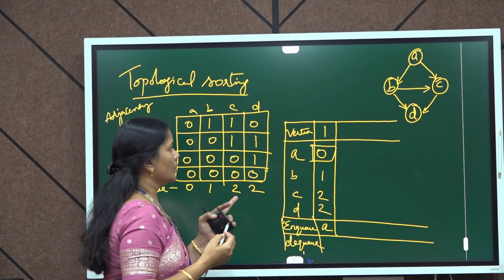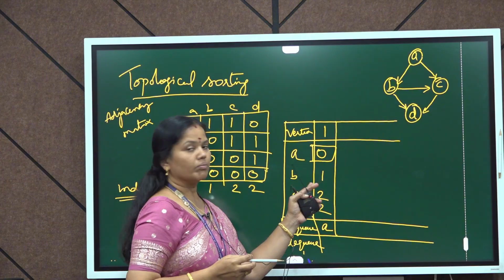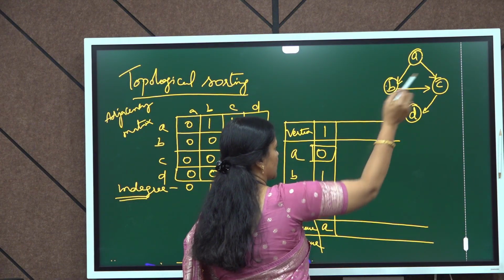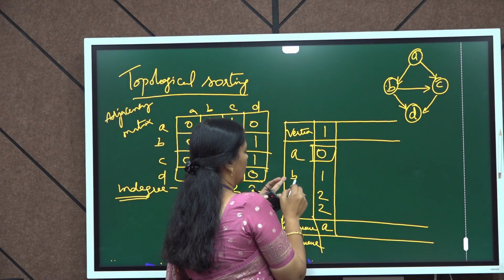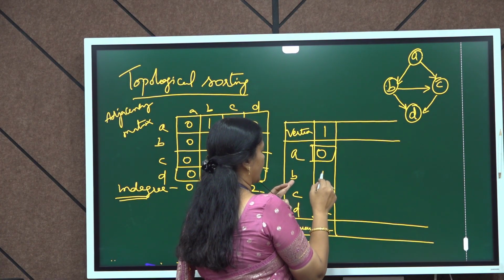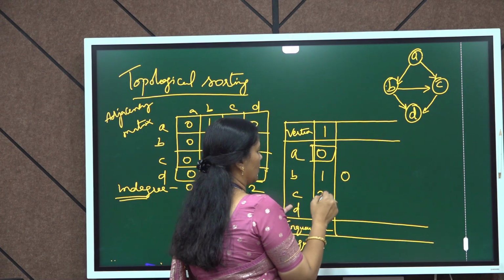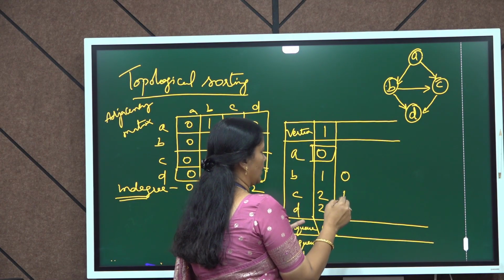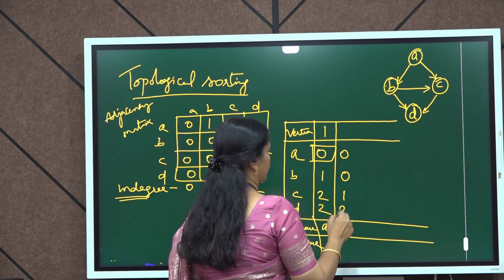Now, I am going to reduce the value by 1 for the adjacency vertices. A's adjacency is B and C, so I am going to reduce B and C by 1. B is already 1, 1 minus 1 is 0, and C, 2 becomes 1.